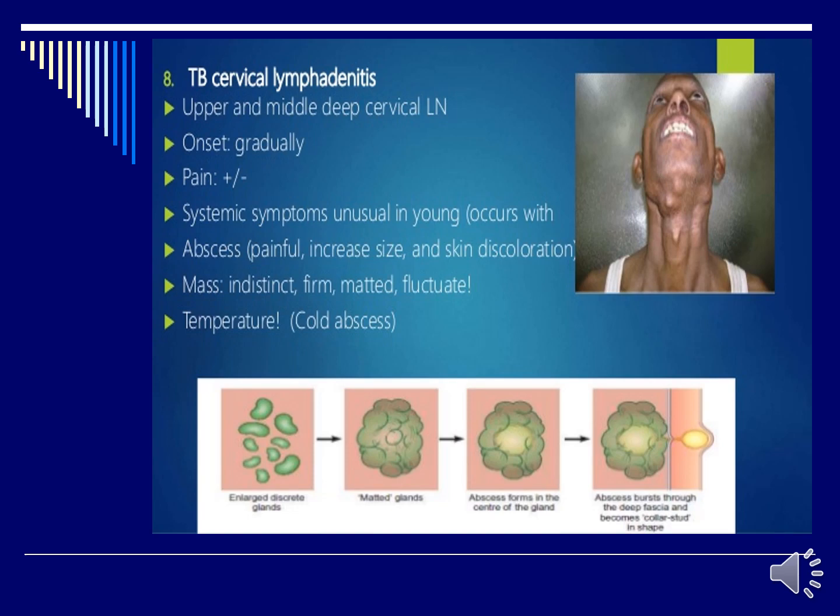Here we talk about tuberculous cervical lymphadenopathy, usually in the upper and middle deep cervical nodes, with gradual onset, and pain sometimes present or not. Symptoms usually occur as constitutional symptoms and are unusual in the young. If there is an abscess, it is a cold abscess.